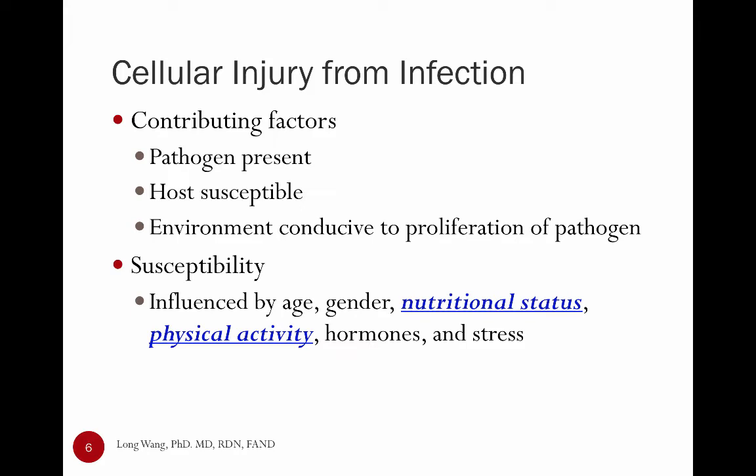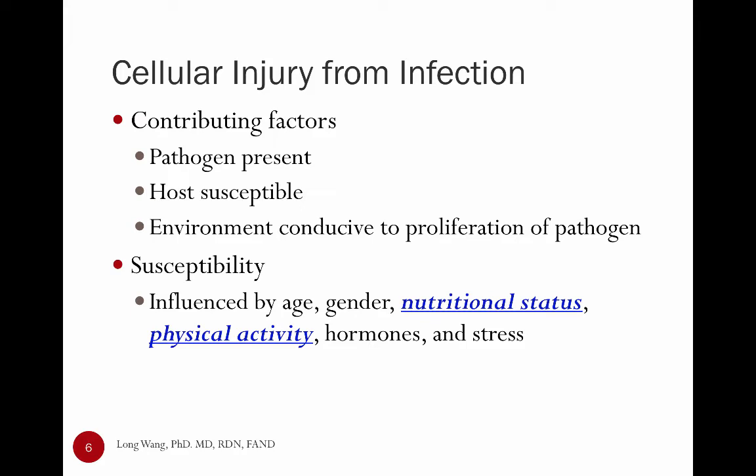There is an environment that may be conducive or not for the proliferation of a certain pathogen. So that's why sometimes to fight infectious disease is not just antibiotics or giving the host, the individual, more protein. Among other things, we also need to do something about the environment.